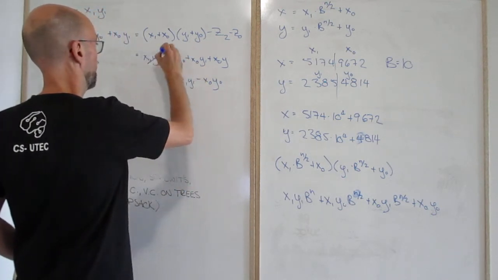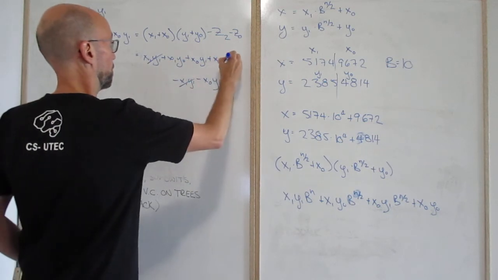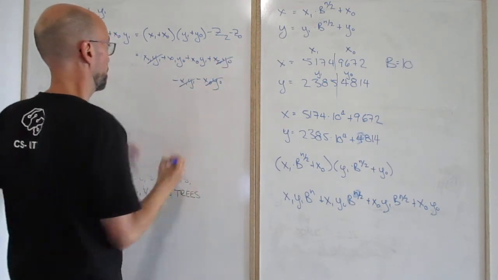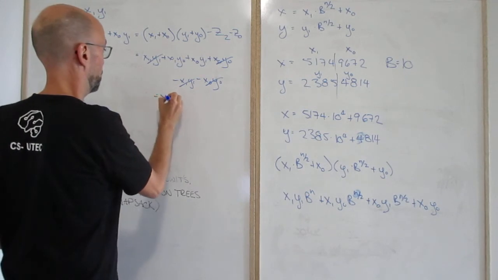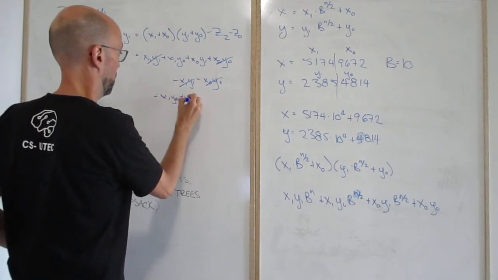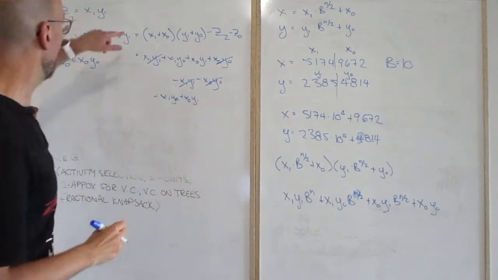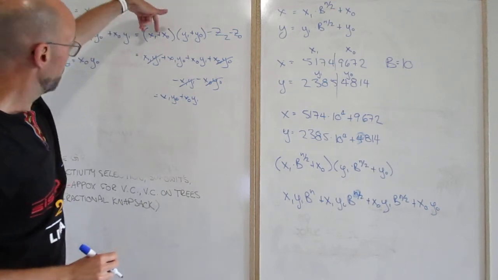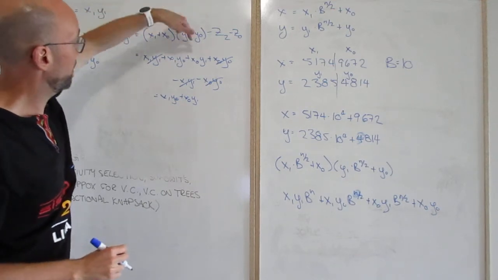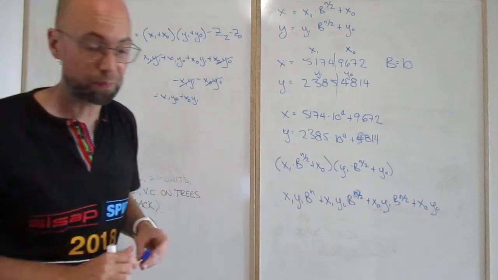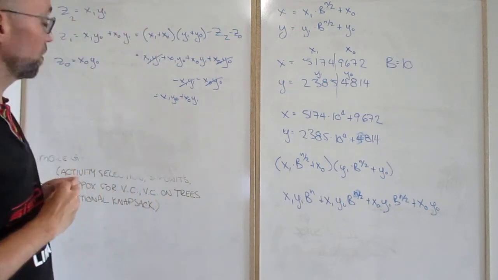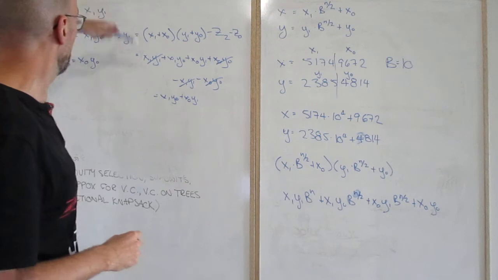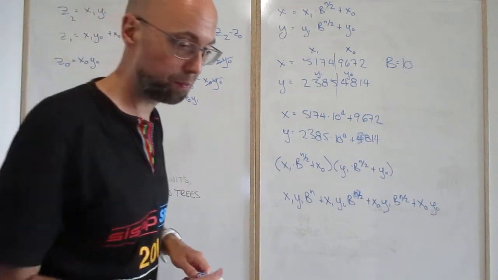So this disappears, and this disappears. So it's x1 y0 plus x0 y1. So now we're going to do two additions, a multiplication, then two subtractions. So this is going to take only 3 multiplications.